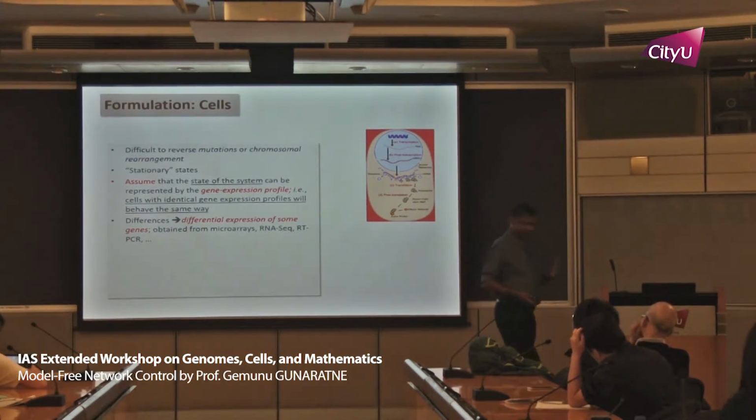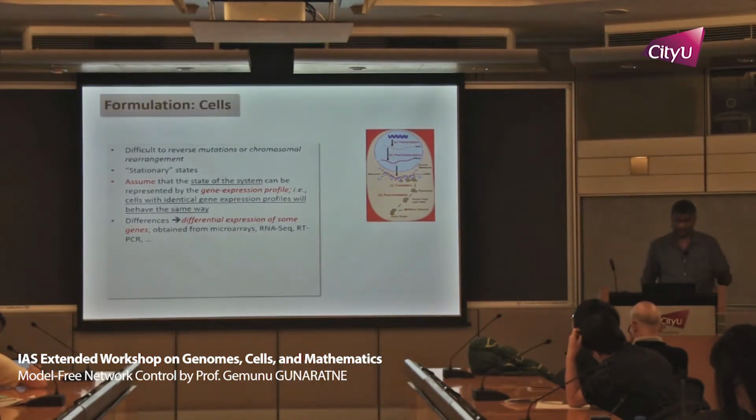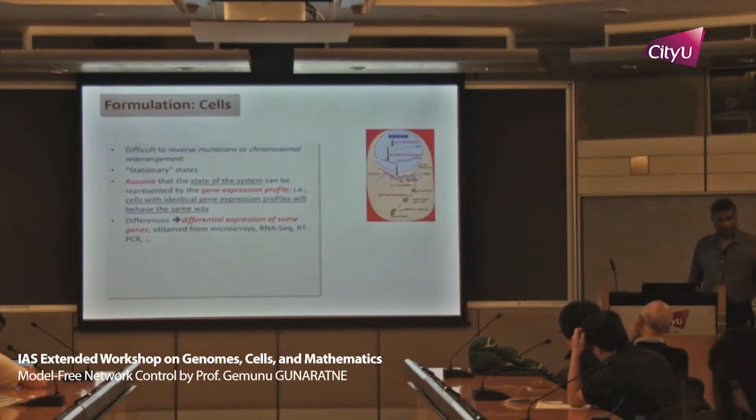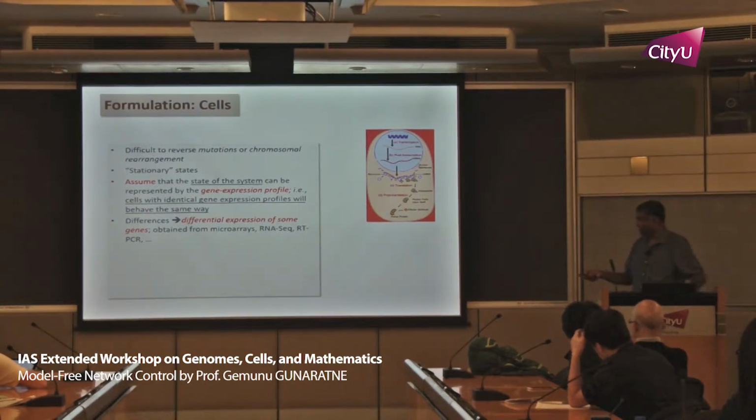There are several other methods, and these methods are becoming rapid. By now you can measure all the levels of all the genes in a single cell. So it's in a very advanced stage. That's also why I'm using this for practical reasons.